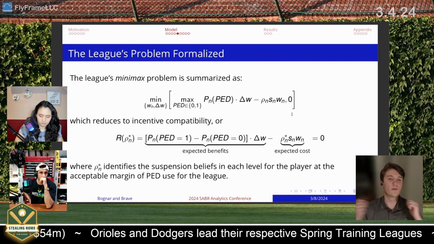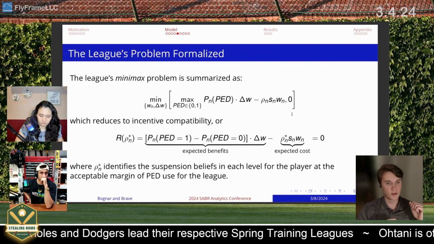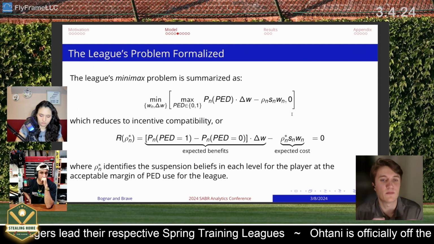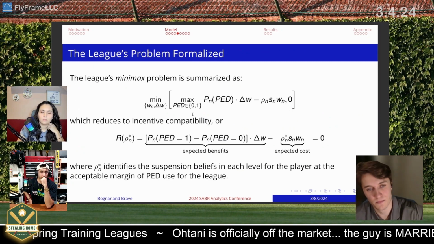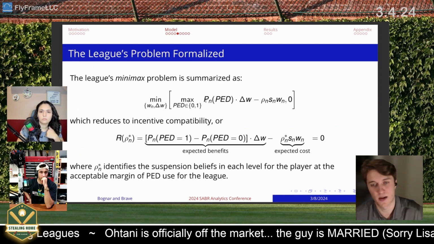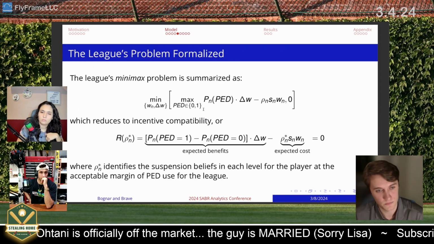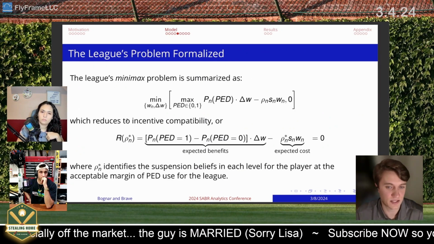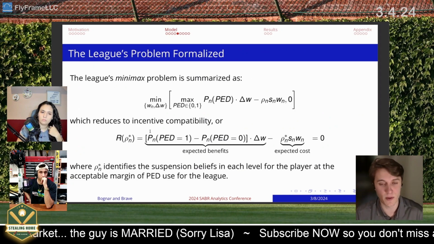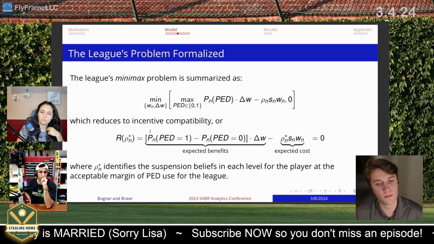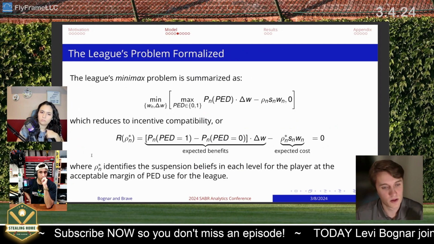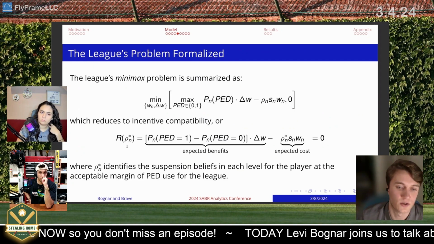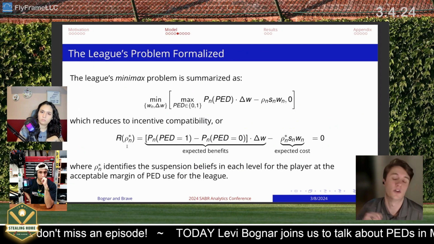And so when we formalize the league's problem, the league has this min-max problem where simply they just want to minimize the player's problem, which is minimizing the net expected returns to PED use, which again, as I said in the last slide, is going to reduce to incentive compatibility, where in equilibrium, they set the net expected returns to PED use to 0, where this rho star identifies those equilibrium returns.